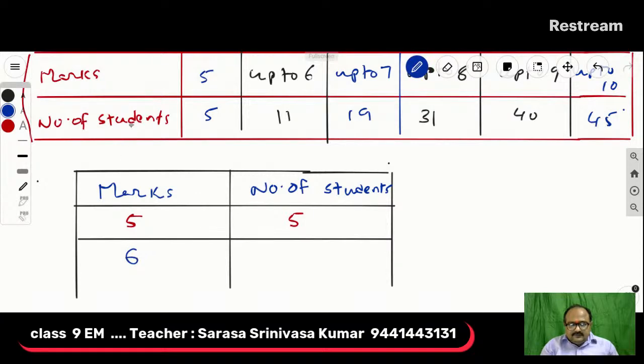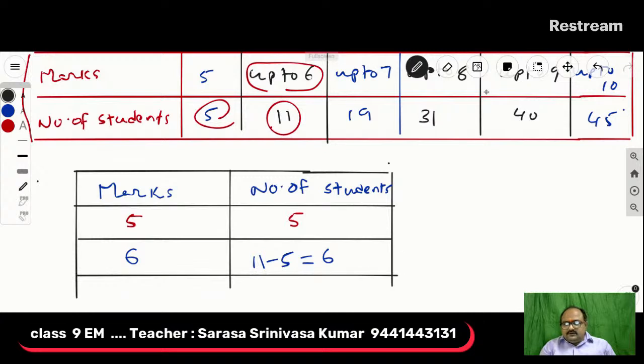Up to 6 marks, 11 students are there. So we calculate 11 minus 5. This is equal to 6 students. 6 students got 6 marks.